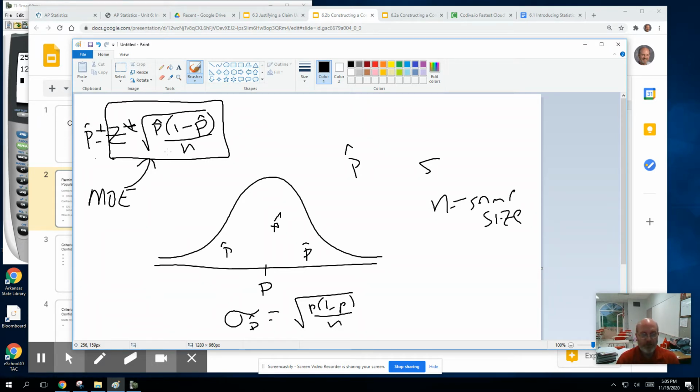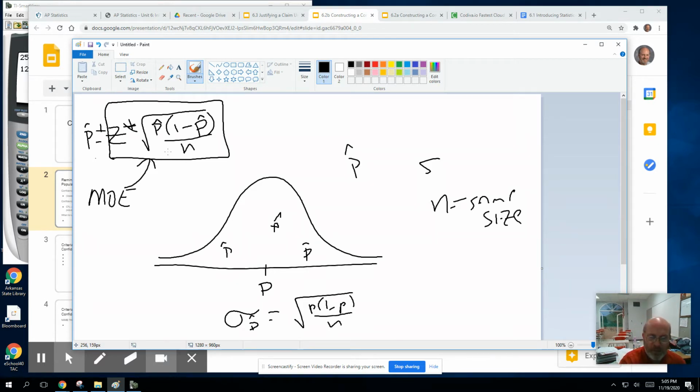And so what we're saying is if we take this confidence interval that has a randomly selected p hat and we add and subtract the margin of error, if we're doing a 95% confidence interval, approximately 95% of all of the confidence intervals we could construct with this sample size n and using this confidence level C would contain the true population parameter p.